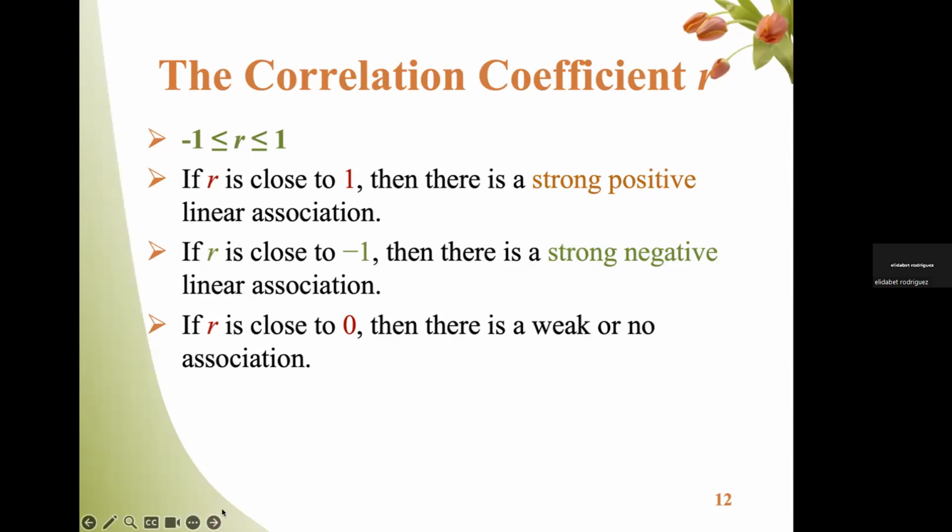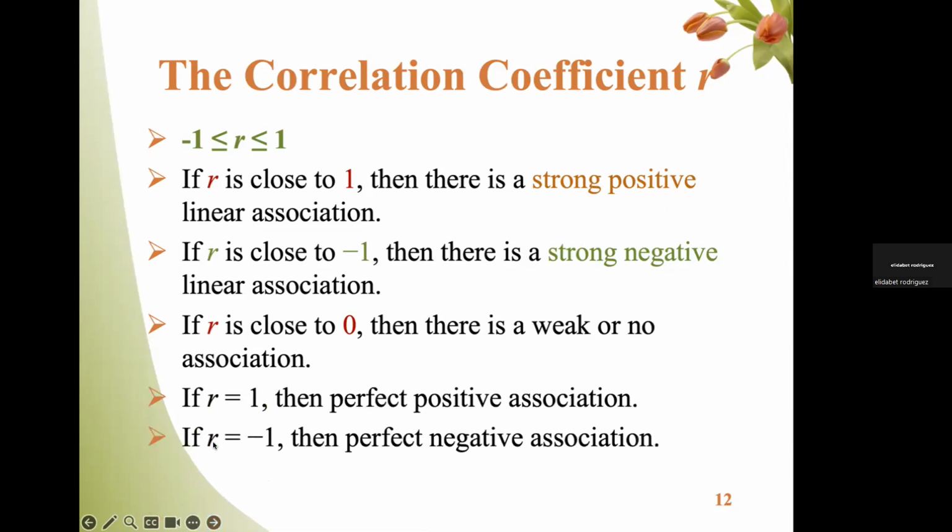And then there is R being 0. If R is equal to 1, you have perfect positive association, and when R is equal to -1, you have perfect negative association. A negative R means your line is downward from left to right. A positive R means your line is upward from left to right.